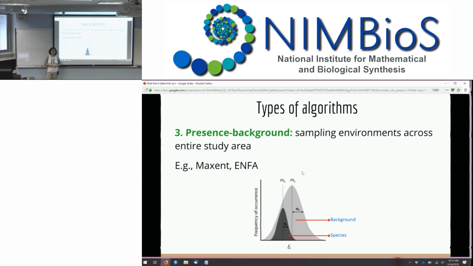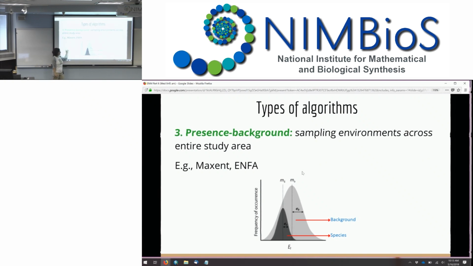A lot of times, at least in my case, I find myself in the situation of having presence data but no absence data. So in this approach, what we are doing is we are taking known presence data, and then we are sampling the entire extent of our study area. We are sampling the environments, and again, this is in one dimension, but we have multi-dimensional environmental space.